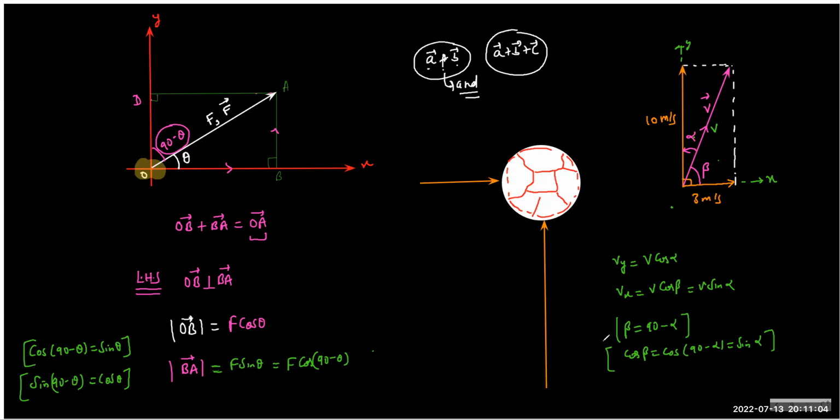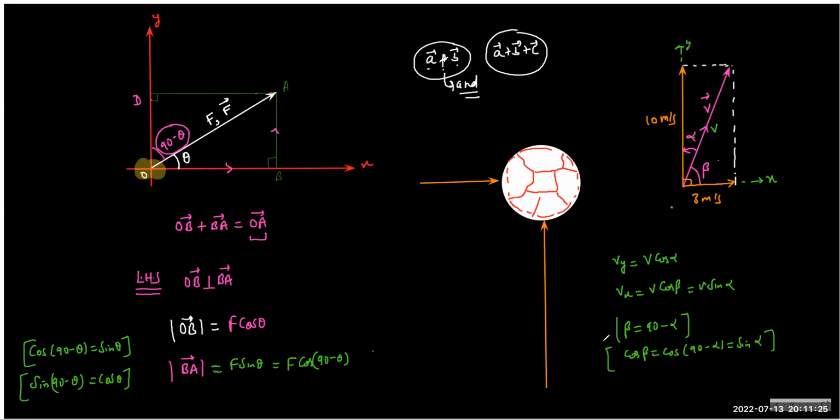So to find the component of a vector in a given direction, what you do, you look at the force, look at the vector, and then you ask yourself, how much do I need to turn to align myself in the given direction?